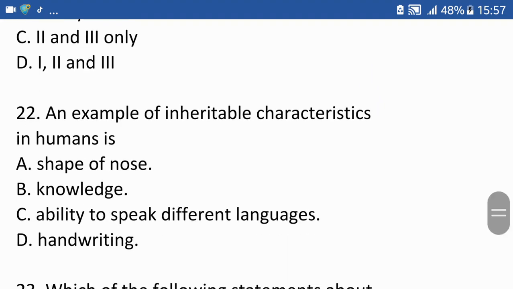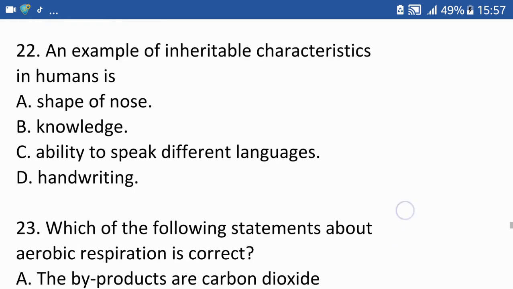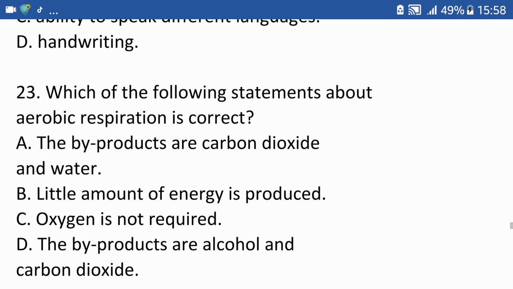Twenty-two, an example of inheritable characteristics in humans is. Twenty-three, which of the following statements about aerobic respiration is correct?